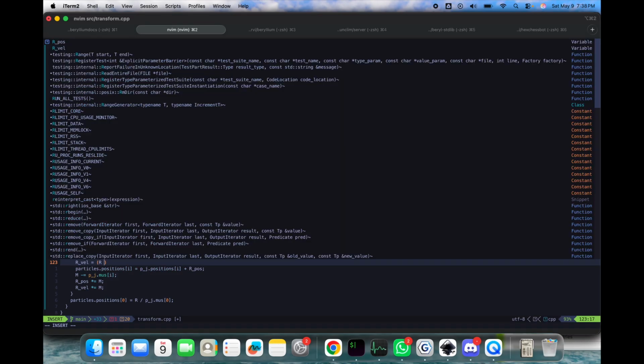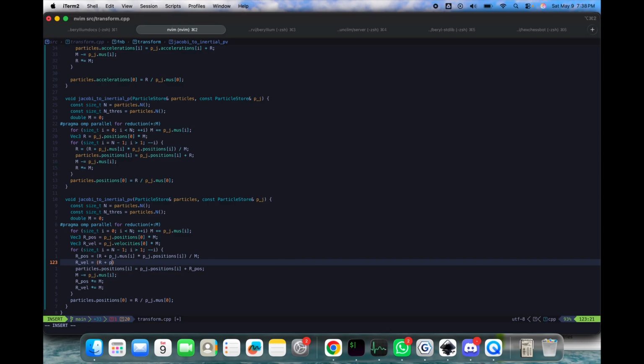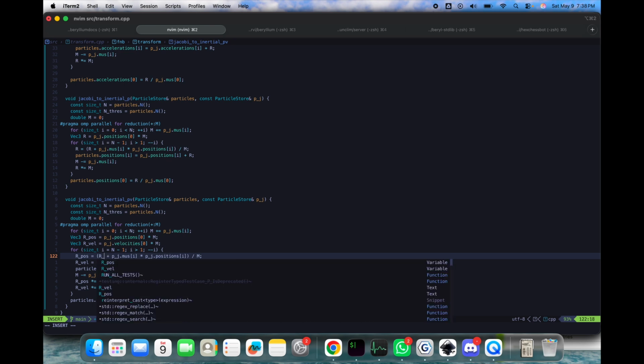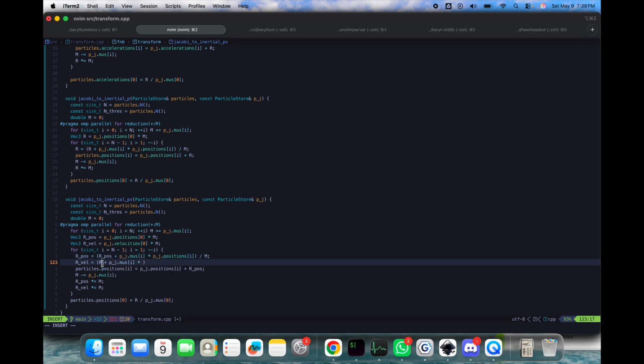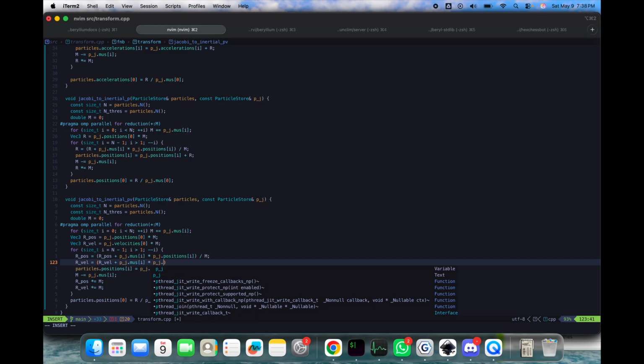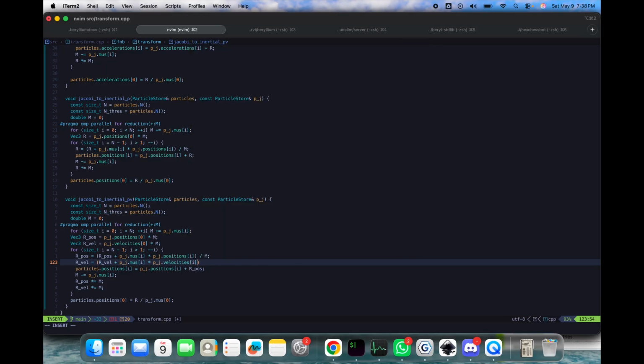R vel equals R plus pj's mu's index I times R pos R vel times pj dot velocities index I, all divided by m.